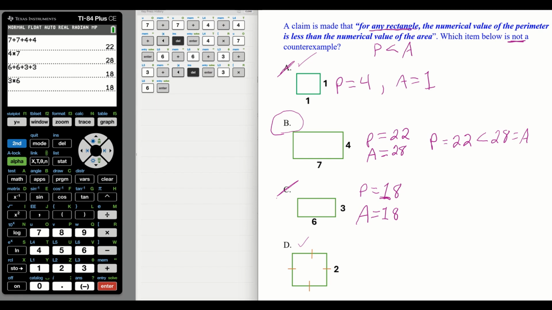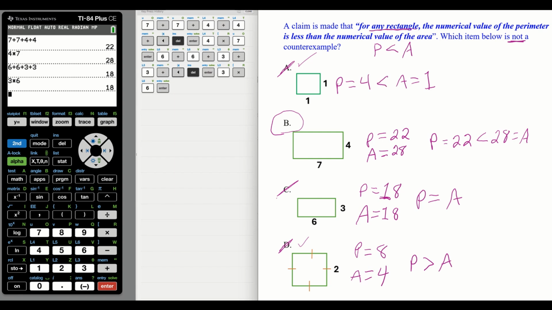And then this is a square. So P equals 8. But area is 2 times 2, which is 4. So this one is also a counterexample, because P is greater than A. And this one, P is equal to A. On this one, I'll erase this.